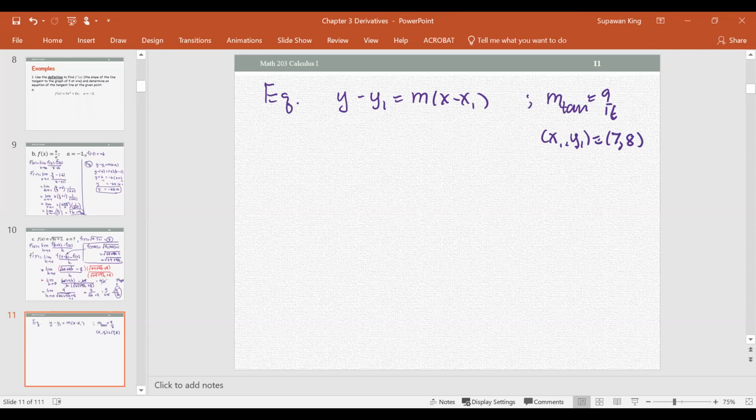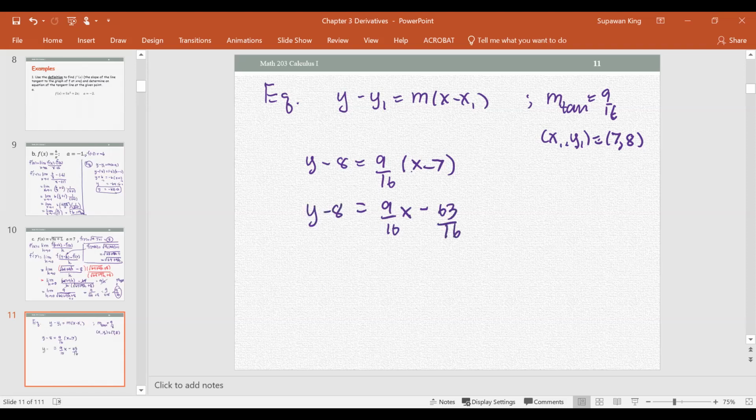So the equation of the tangent line would be y minus 8 equals 9 over 16 multiplied by x minus 7. On the right hand side, 9 over 16 times x minus 9 times 7, which is 63, so 63 over 16. On the left hand side, y minus 8.